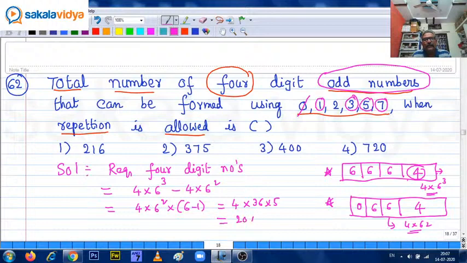So 20 into 36 equals 720. So the fourth option is the right option. Okay, option 4. Everybody is correct. Wonderful.